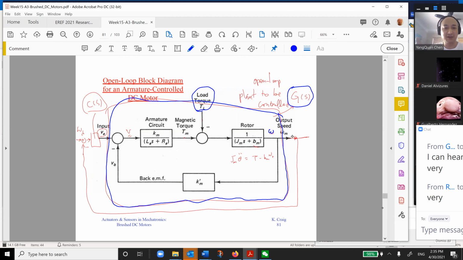But our ultimate goal here is to make the omega rotate at the speed of the set point. So we put the set point in here. I compare it to my measured value. This is a sensor. The sensor used for speed is called a tacho, a tachometer to measure the speed.